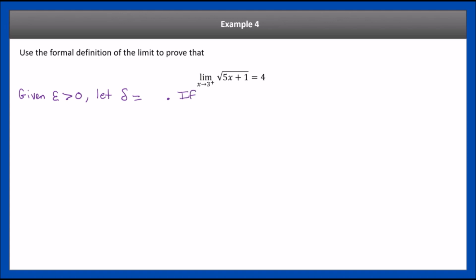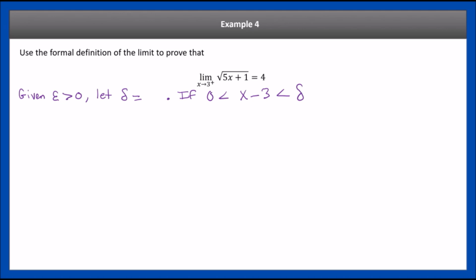Now this is where we use the inequality for the right side. We're doing a right-sided limit, so we are going to just remove the absolute value. We're not going to focus on the absolute value. This is what you have for a right-sided limit, where x minus 3 is between 0 and delta. Notice that there's no absolute value there.